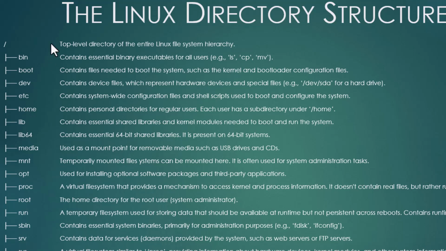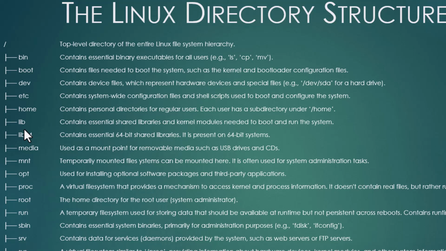The home folder here, the home directory, contains different directories for different users that are on the system. So Linux can support a multiplicity of users, and each user has a home folder and specific folders that are for that particular user. We have a folder or a directory called lib. Now this contains shared libraries and what are called kernel modules.